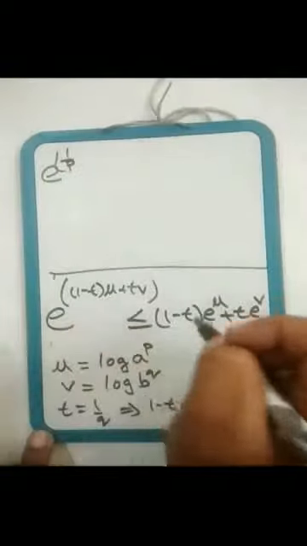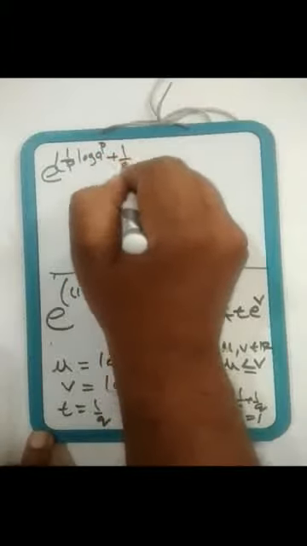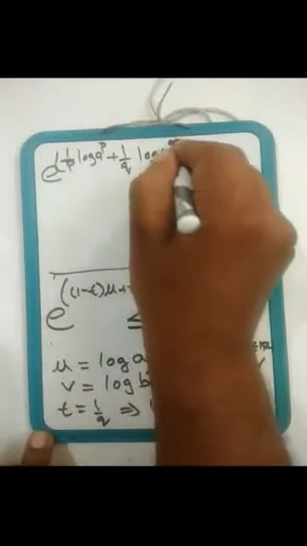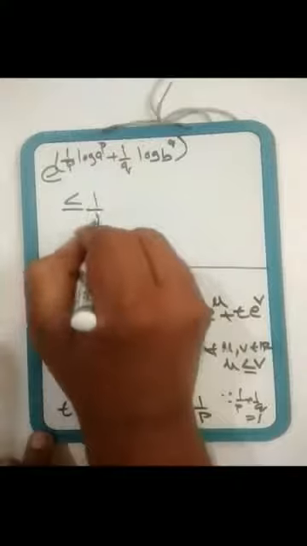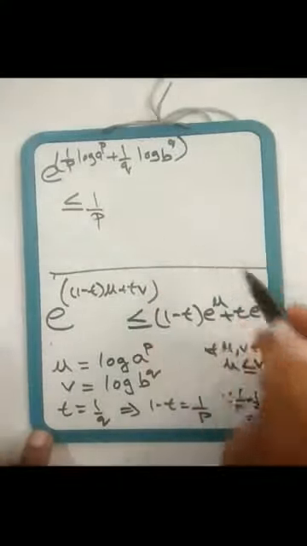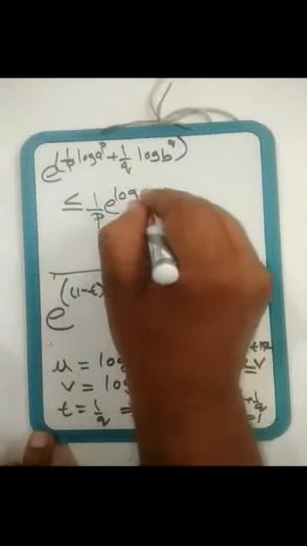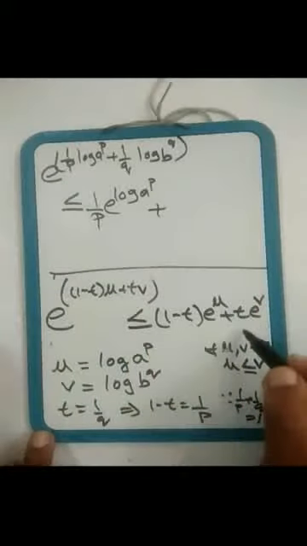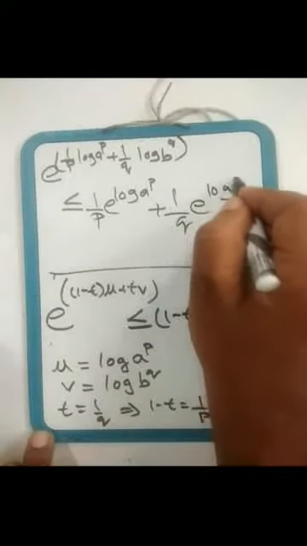We get e raised to 1 by p log a raised to p plus 1 by q log b raised to q, and this value is less than or equal to 1 by p e raised to log of a raised to p plus 1 by q e raised to log of b raised to q.